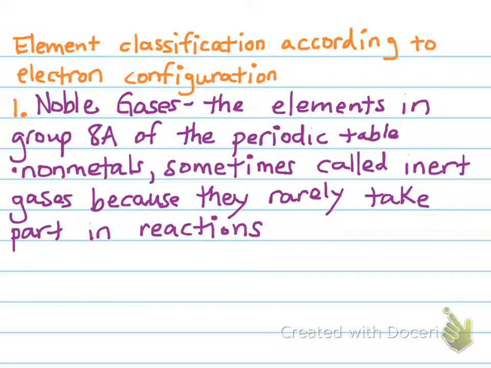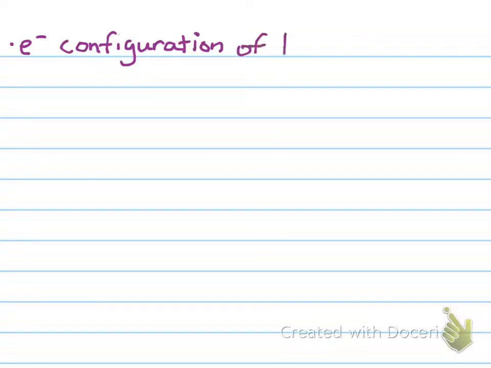So what we want to do is look at the electron configuration of the first four noble gases. So I'm going to give you a couple minutes.